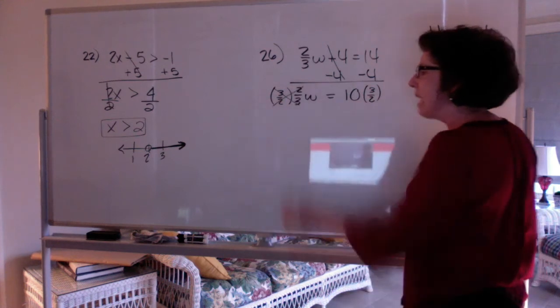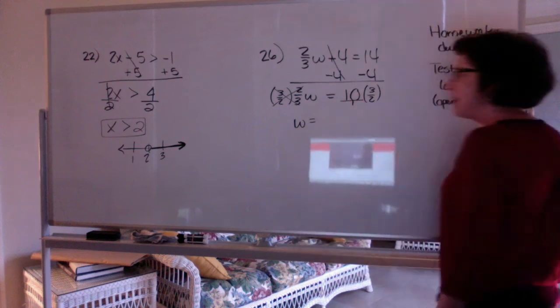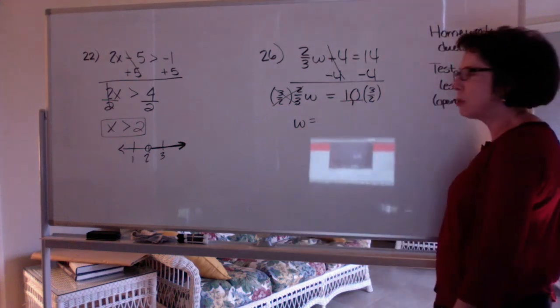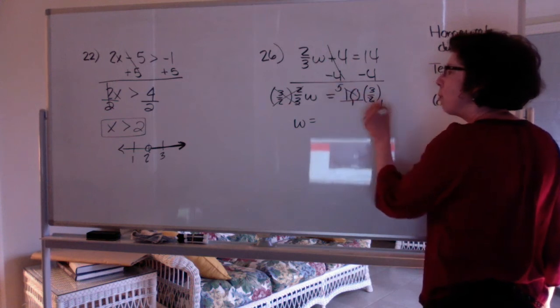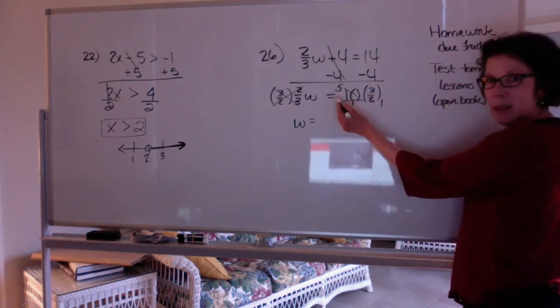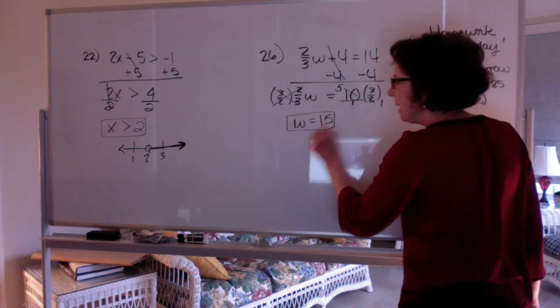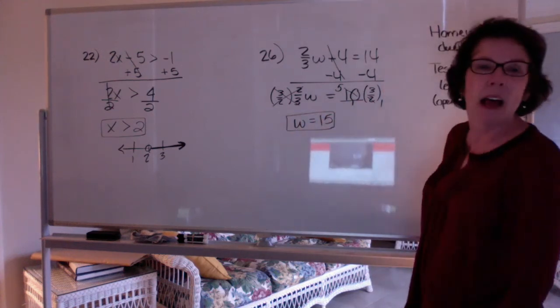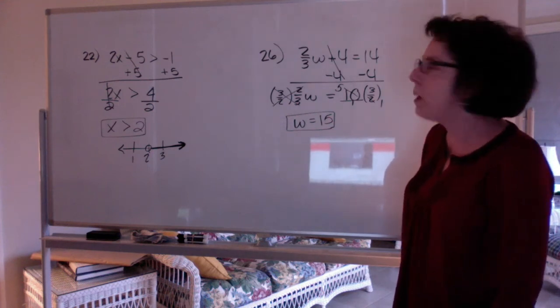We're going to cancel out. We get W is equal to, let's look at this, 10 over 1 times 3 over 2. I'm going to cancel my 10 over 2 to a 5 over 1, and I'm left with 5 times 3, W equals 15. And that is how you do a 2-step equation or inequality.